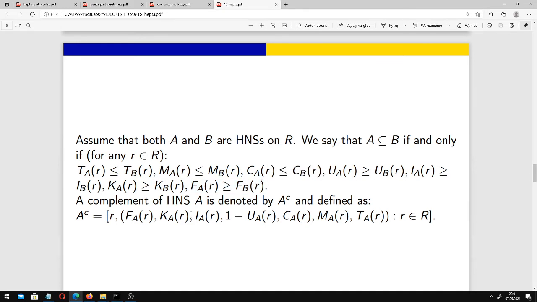A complement of an HNS A is denoted by A^C and defined in the following manner. As you can see, absolute truth and falsity have been mutually replaced, the same with relative truth and falsity, and with ignorance and contradiction, and in case of unknown we have 1 minus unknown of A at r.